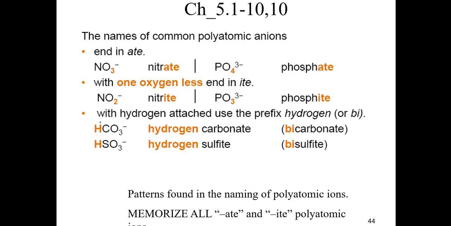Also on the harder ones, such as HCO3, hydrogen carbonate, there is a space in between, or you could write the name bicarbonate. For example, I could have NaHCO3, then it would be sodium hydrogen carbonate.